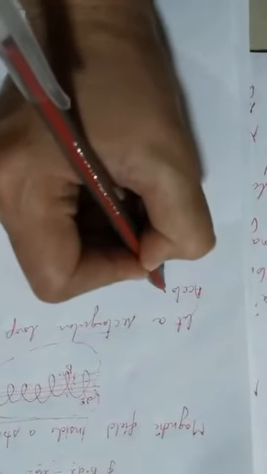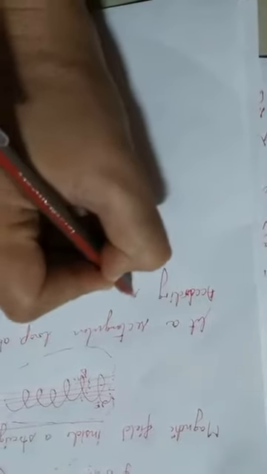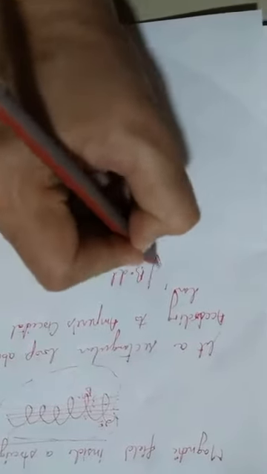Then according to Ampere's circuital law, as we know, the integral of B dot dl is equal to mu naught into I. That is the total current.